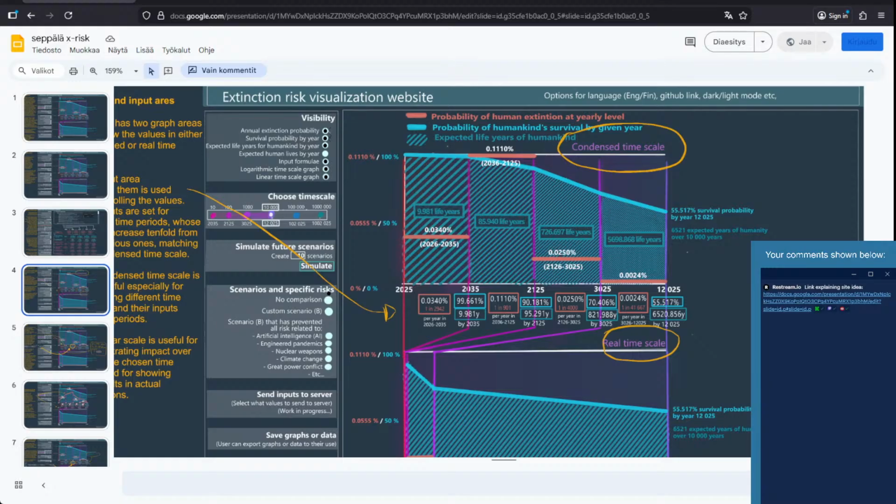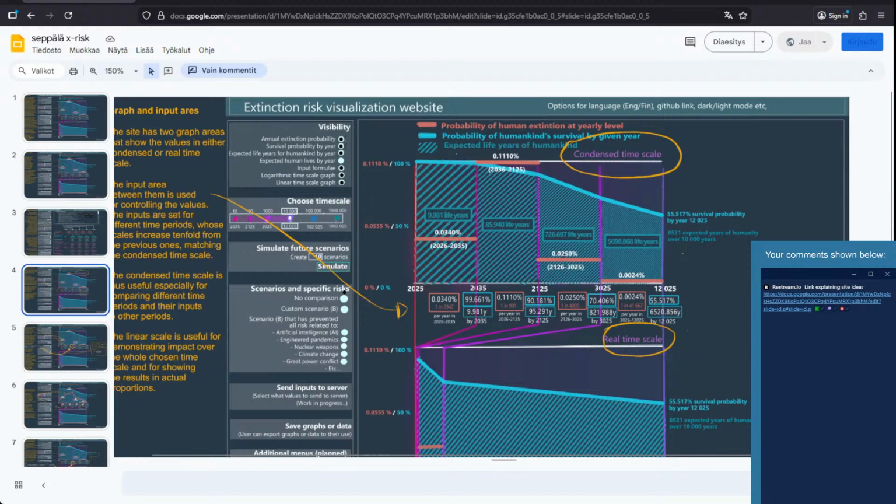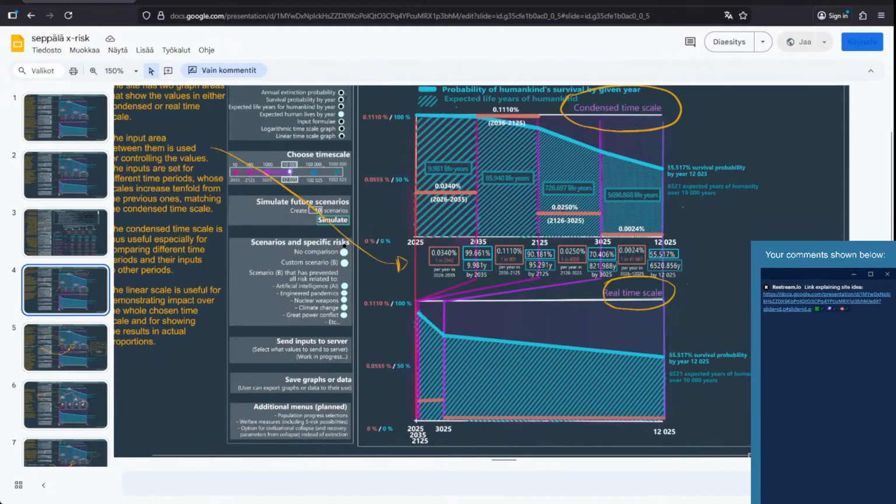If you look at this picture above, there are these four different time scales, and they seem equally important. So this shaded area is showing how much life there's gonna be in expectation over time.